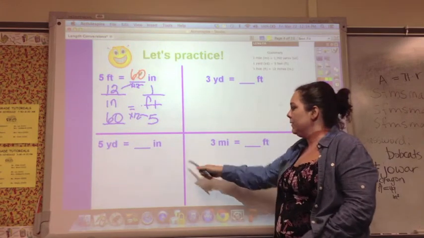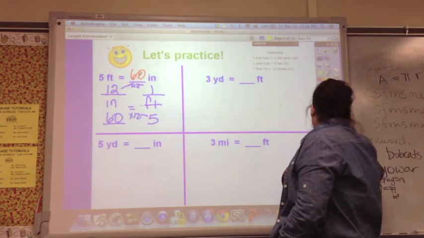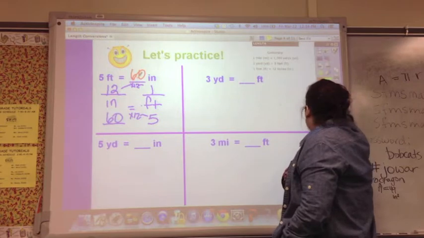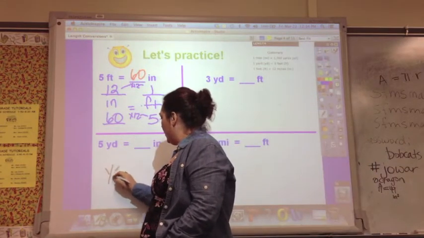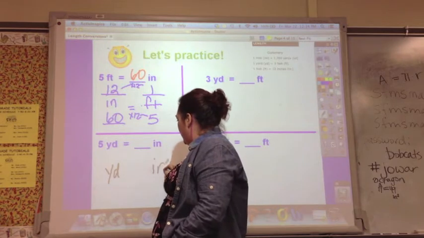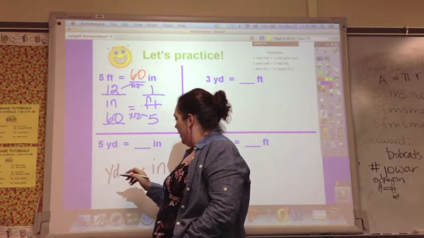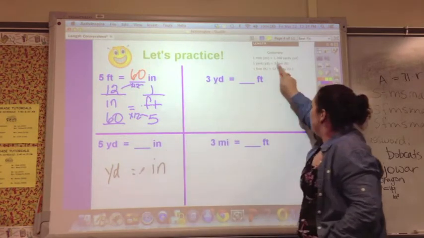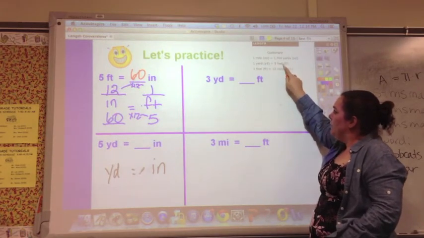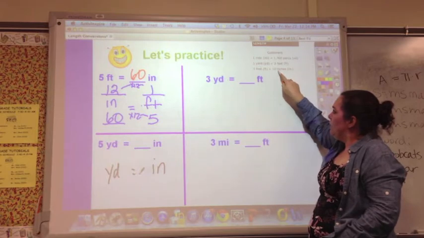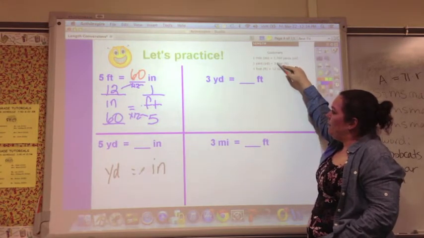Now let's look at this one, because this one, it's like 2 conversions. And so I'm doing yards and inches. Now, I don't have anything on here that says yards to inches, but I know that 1 yard has 3 feet and 1 foot has 12 inches. So 3 times 12 is 36.